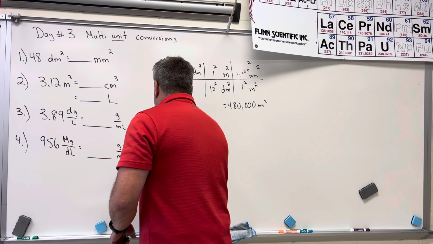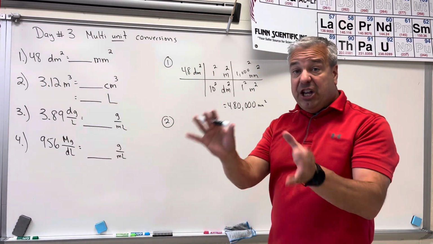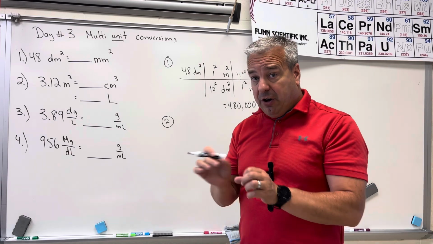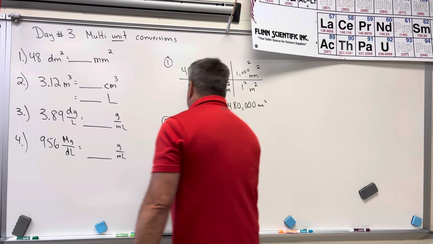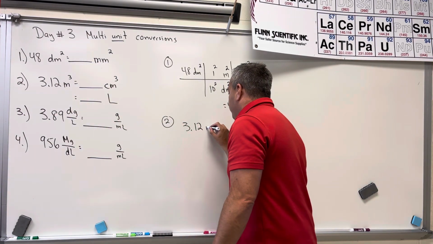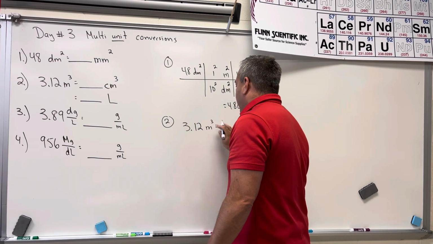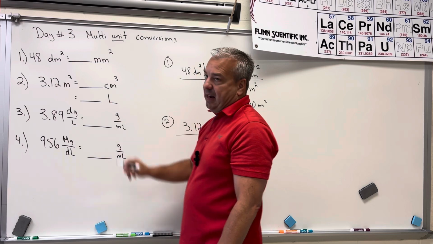So problem number 2, the given is 3.12 meters cubed. Now we're talking about volume, length, width, and height to give it 3 dimensions. So 3.12, and it's meters cubed. And we're going to convert that into centimeters cubed.